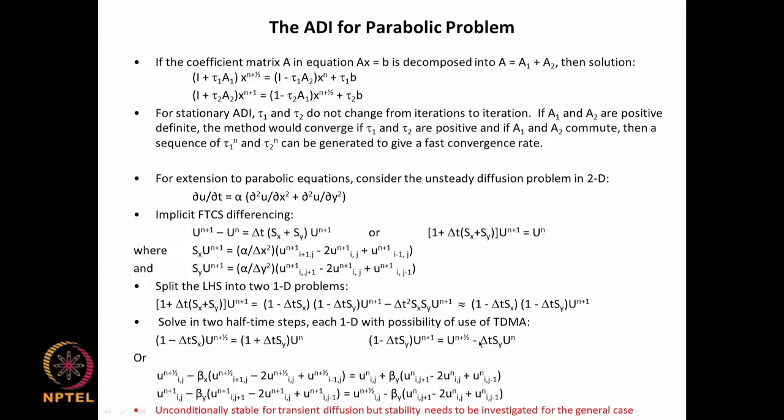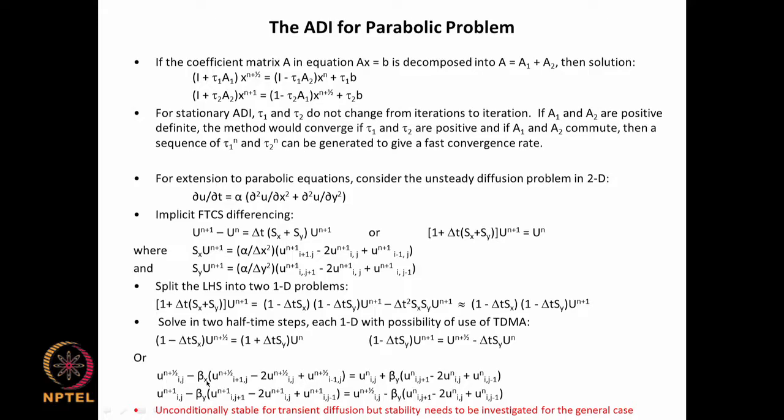Okay. Now, what is the advantage that we have gained in this? We can write this equation as u^(n+1/2)(i, j) minus beta x, where beta x is alpha delta t by delta x square, which we have seen in simple differencing using FTCS implicit.